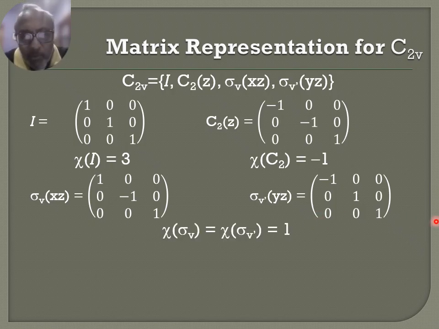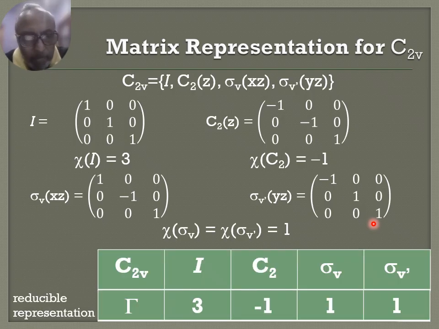The traces of both these reflections are 1. This gives a reducible representation, which we call gamma, with traces identity 3, C2 minus 1, sigma v and sigma v dash 1 each. Note that all these matrices are 3 by 3 matrices, so this is a three-dimensional reducible representation. The dimension of a representation is always given by the trace of the identity matrix.